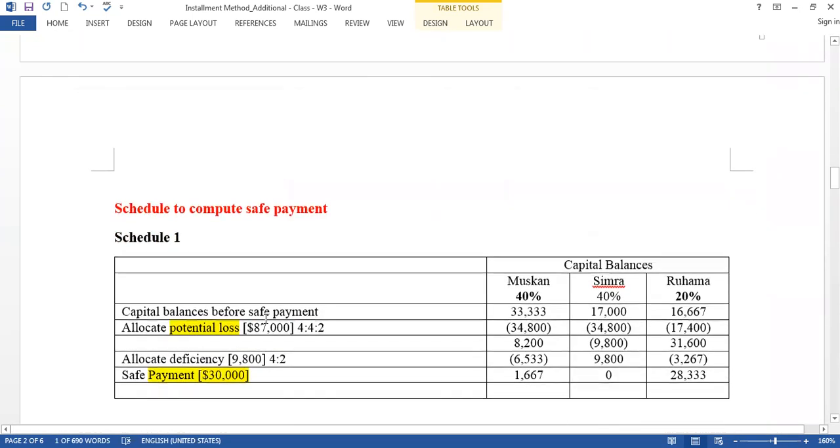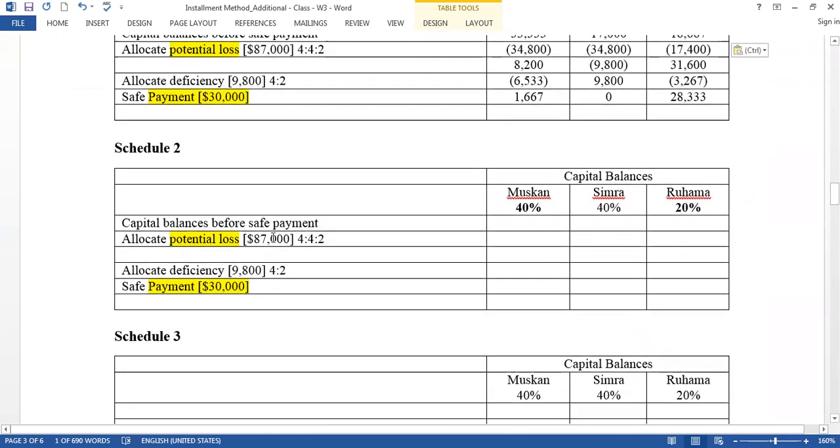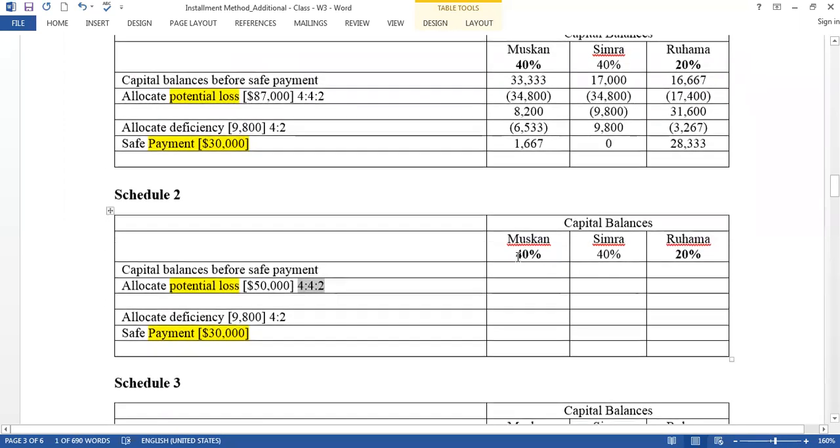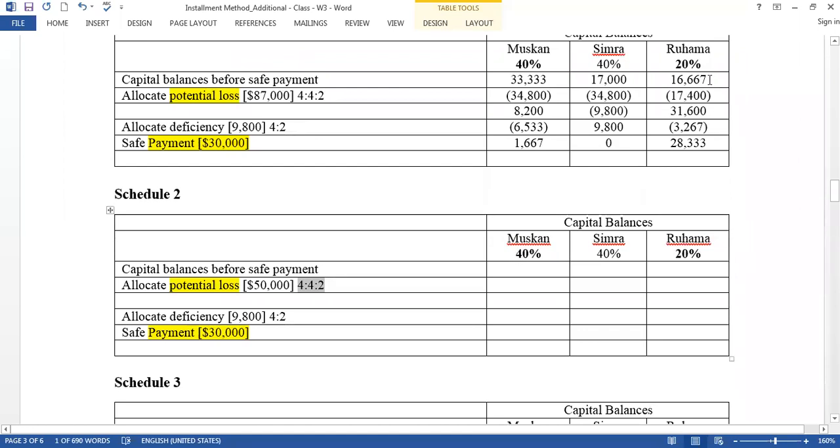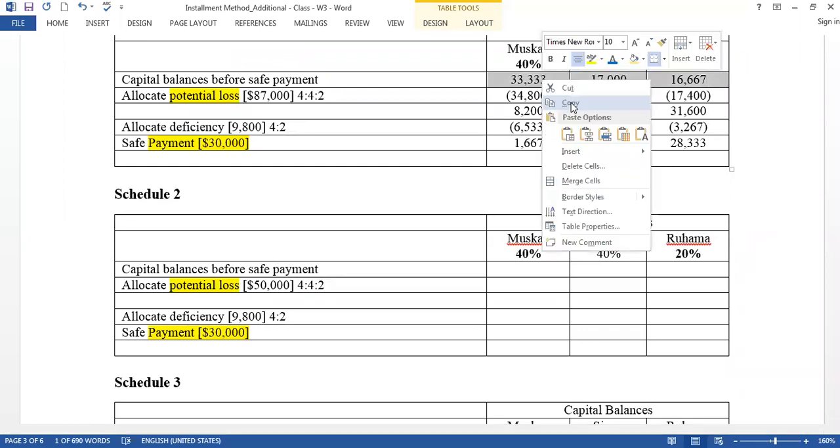So our potential loss is now $50,000. And this potential loss we are going to share in 4:2 ratio, right? It is something like 20,000, 20,000, 10,000. Anyway, this should be here.